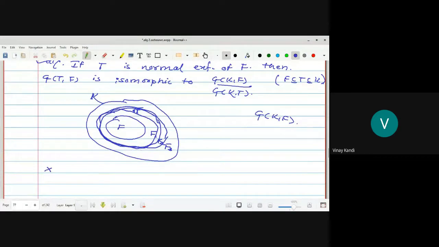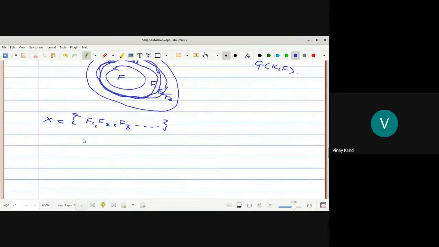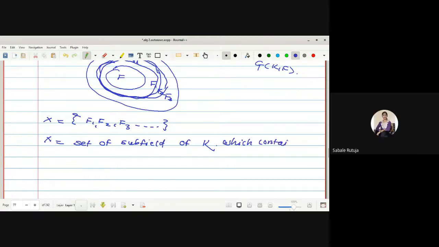F1, F2, F3, and so on. So what is set X? Set X is nothing but the set of subfields of capital K which contain F. And what is Y?